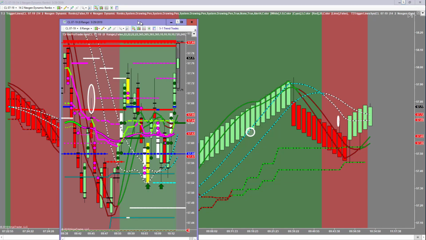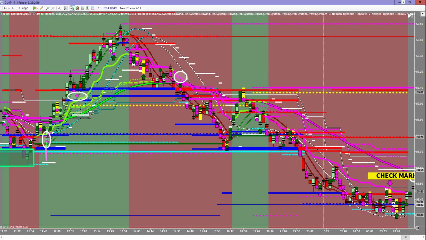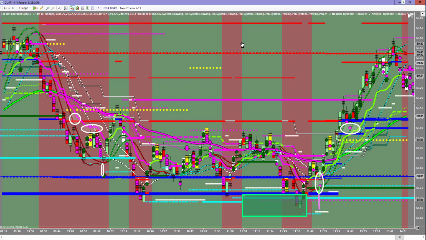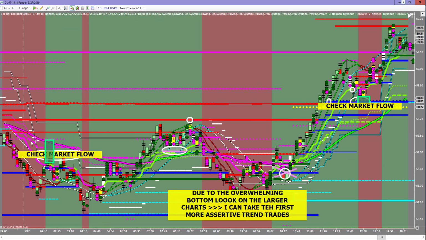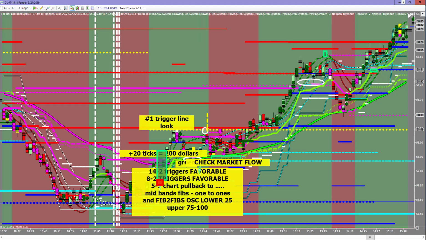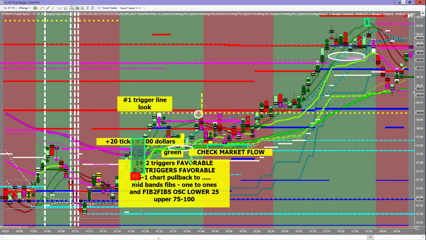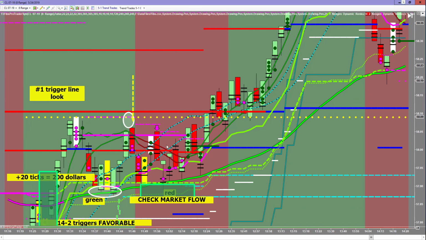So look, let me go back now and let's look at our market flow chart here. And again, let's talk about all the spots where we said check the market flow. All right, so here's where we started. And again, I just want you guys to see super favorable trend trades are going to be easy for you, right?